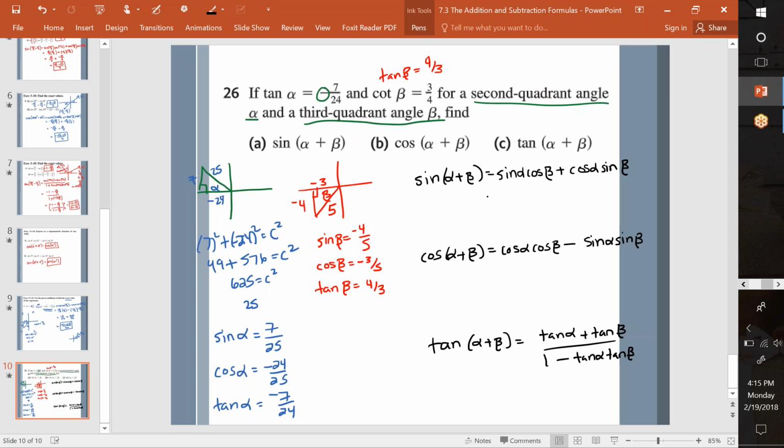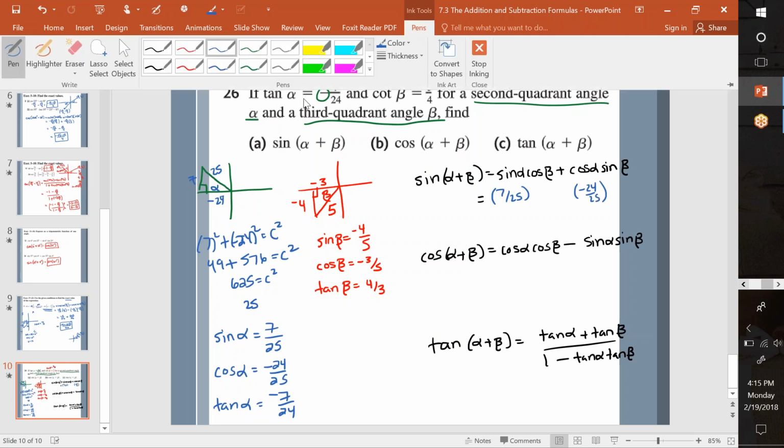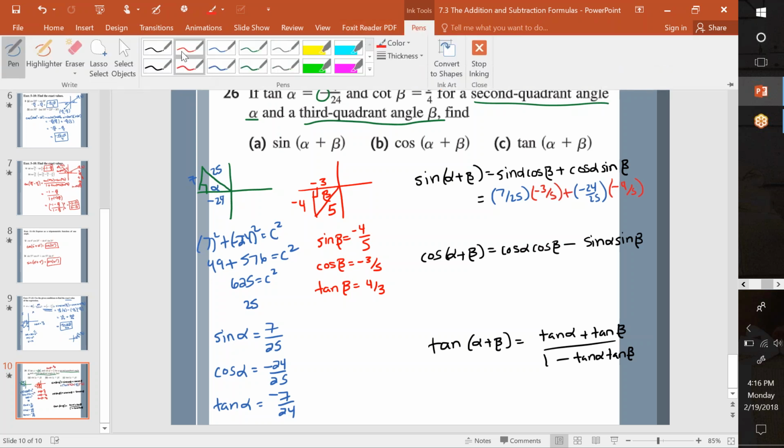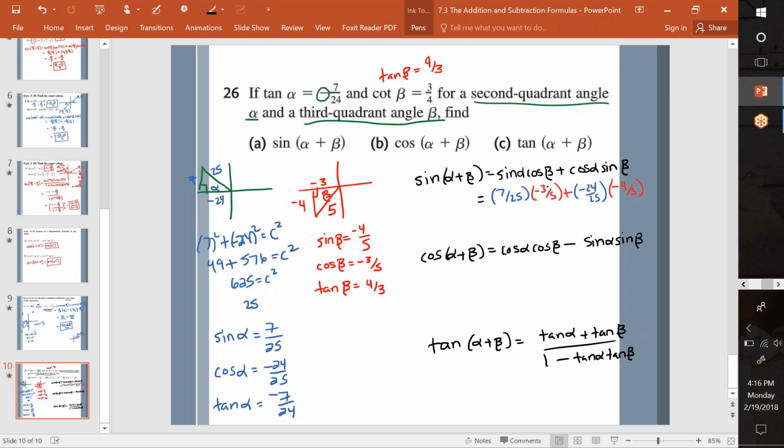Okay, so let's plug these in. Sine of alpha is 7 over 25. Cosine of alpha is negative 24 over 25. Let's plug in the beta ones. Cosine of beta is negative 3/5, and sine of beta is negative 4/5. Now you can obviously look to see if anything cancels before multiplying. It does not look like it does.